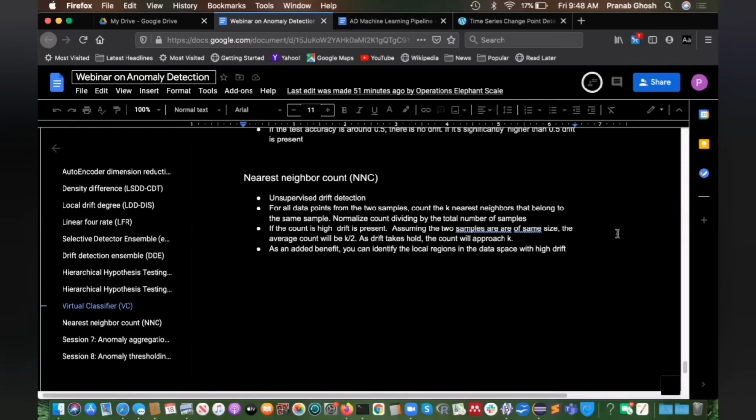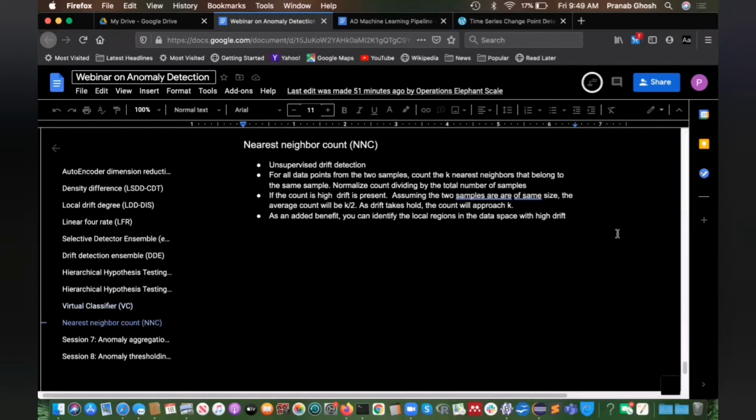Because if the two samples come from two different distributions, then you take the neighborhood of some point, and most of the points will belong to the same sample as the point under consideration. So that value will be large, and that's how you detect drift. Also, this is a local drift detector.